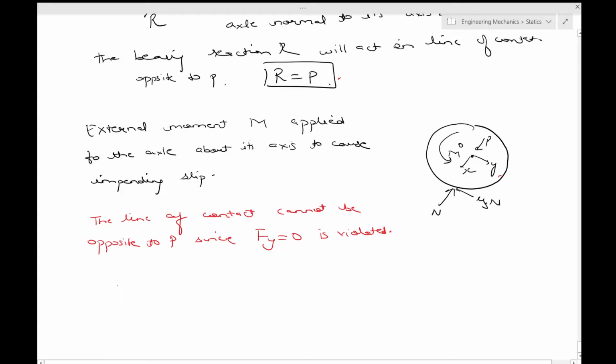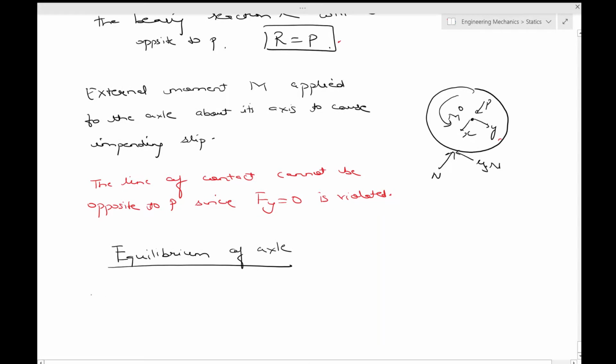So that would mean that for equilibrium of the axle, you have F equal to R plus P i hat has to be equal to 0. This implies R is equal to minus P i hat, so R is in the direction opposite to P i hat.